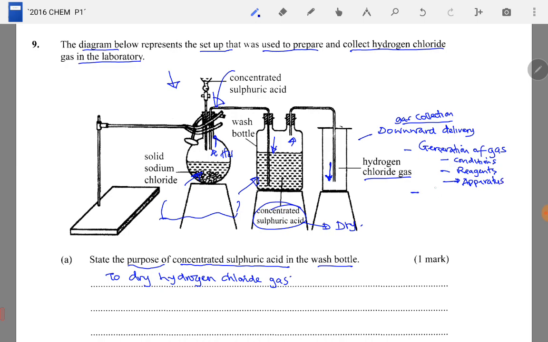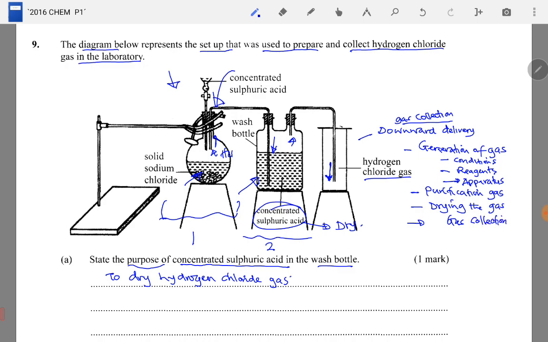Once you are done with that, the second section that you must focus on is purification. Where is the gas purified? Next is drying. In which section is the gas dried? Like in our case, it is this section. And finally, gas collection.